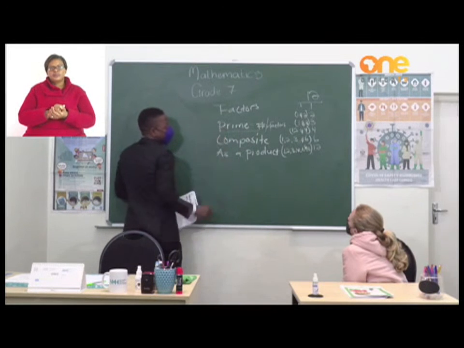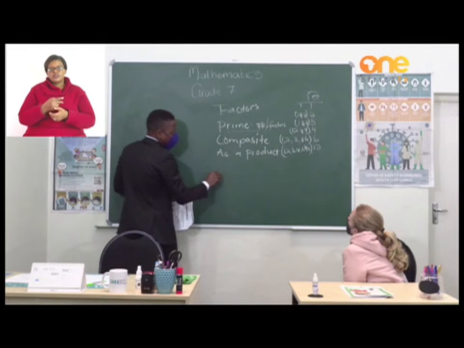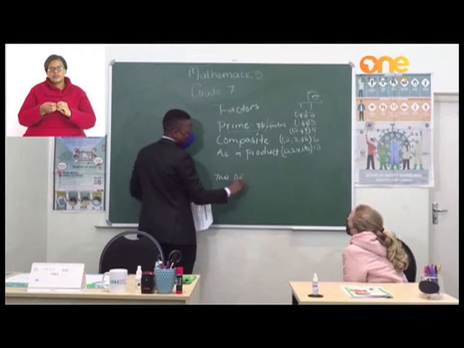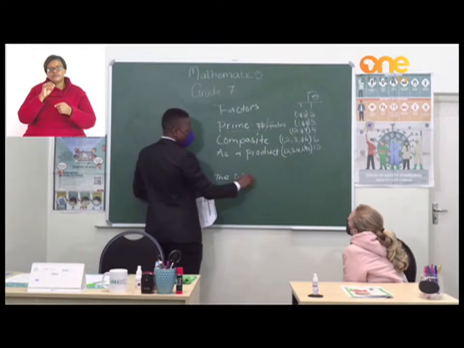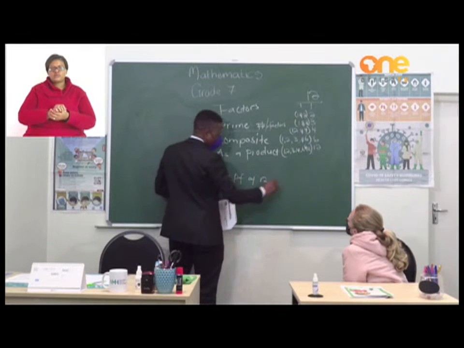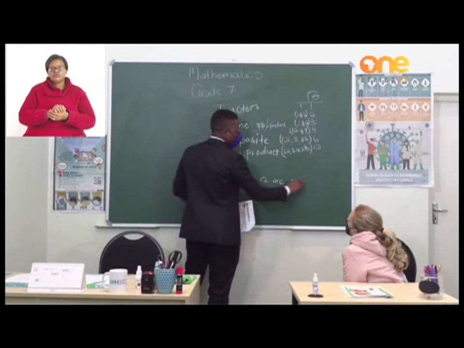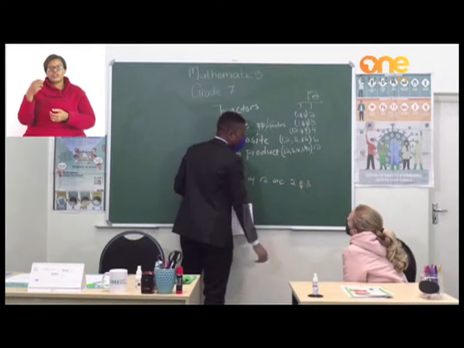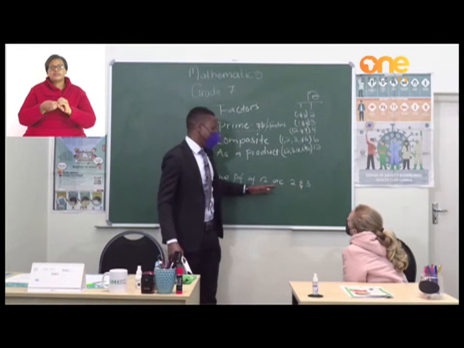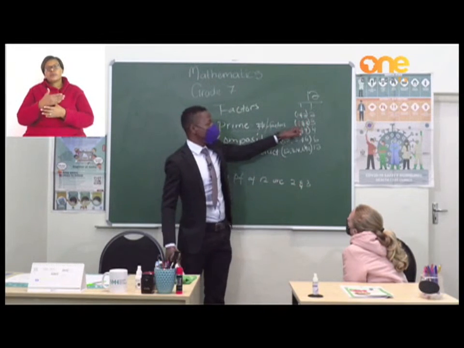To answer, the prime factors of 12 are 2 and 3. Why? Because they only have two factors.